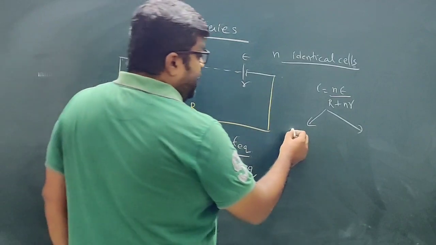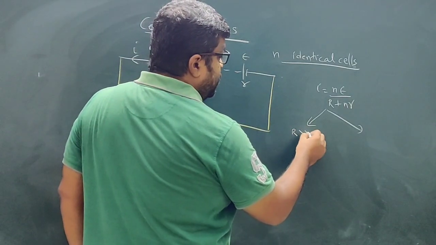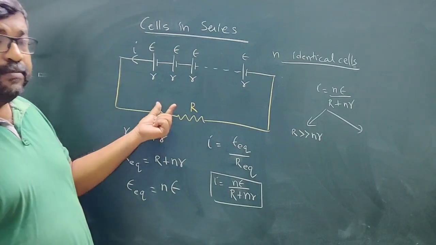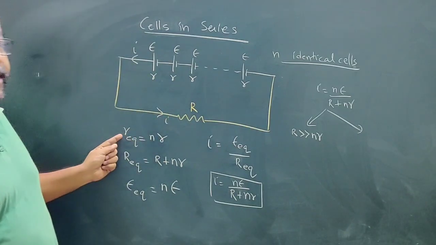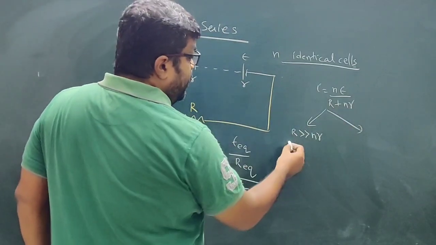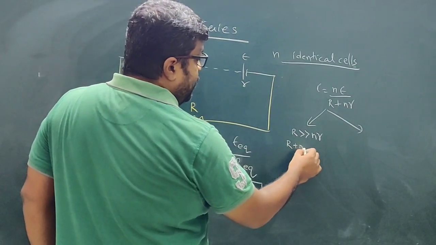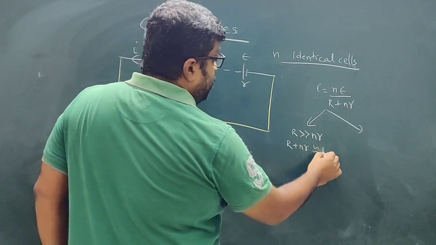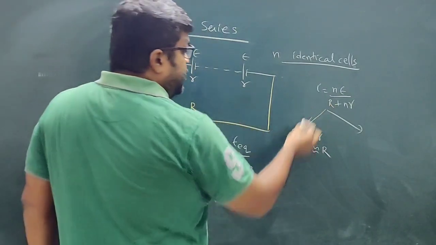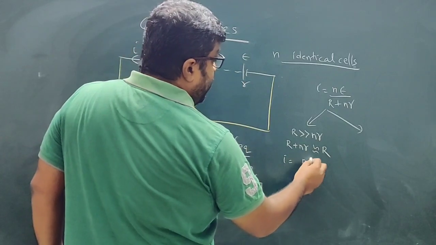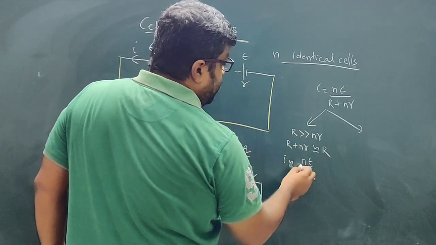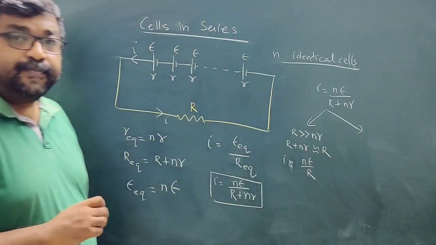One possibility is when R is much greater than nr, that is, external resistance is much greater than the total internal resistance. So I can write R plus nr as approximately equal to R. So this current will be approximately equal to nE divided by capital R.